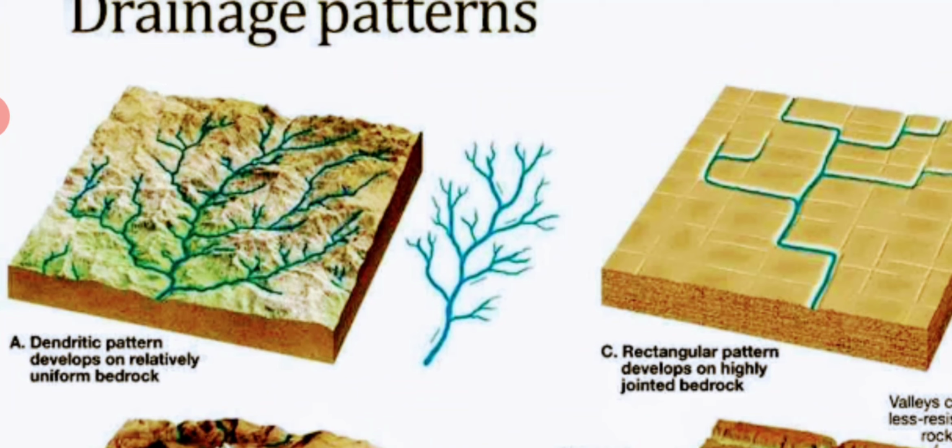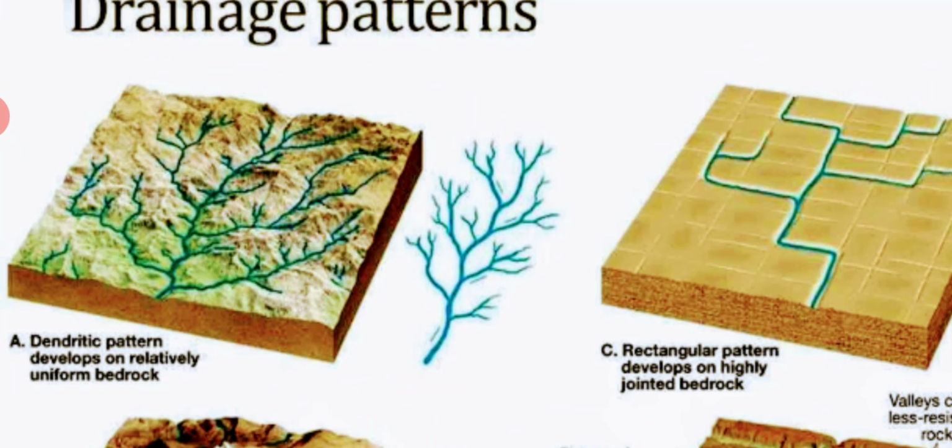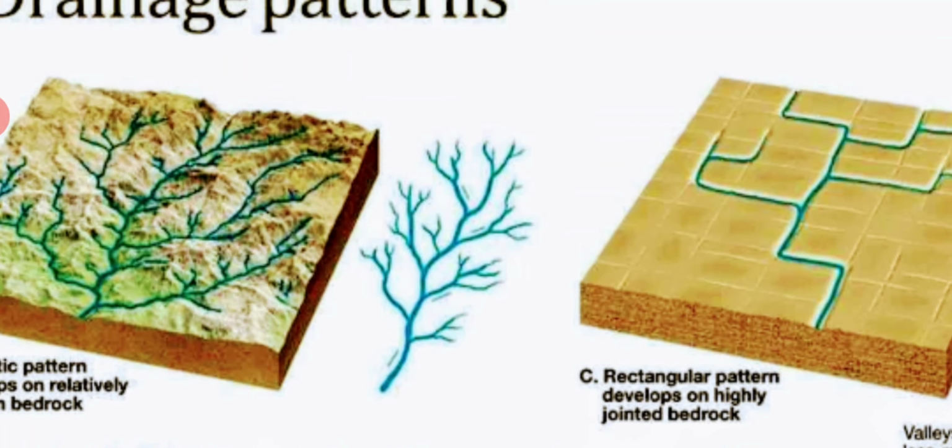You can see in this pattern, tributaries are meeting the main river at random angles, and because of the random angles, the structure formed by the river and the tributaries appears like a tree. See this blue figure? This appears like a tree, so that is why the word dendritic is given to this kind of pattern, because if you see from above, these patterns appear like a tree.